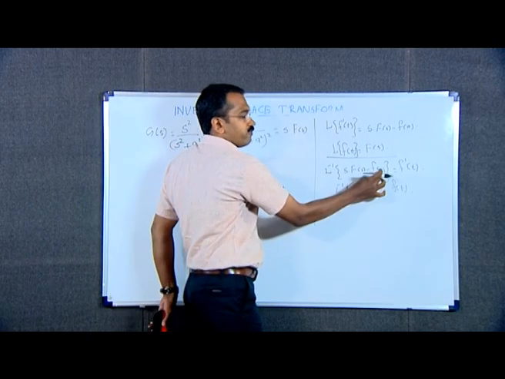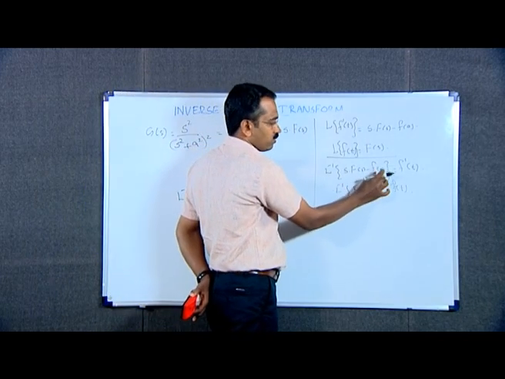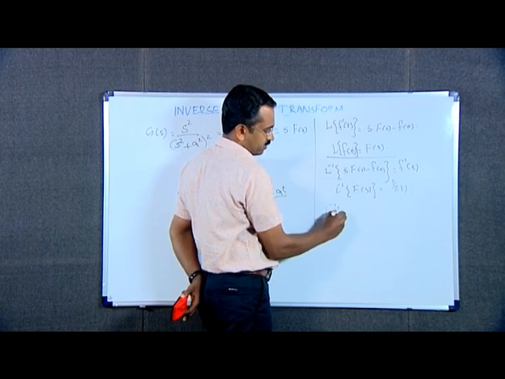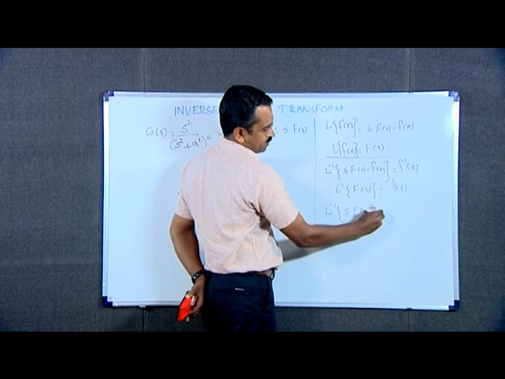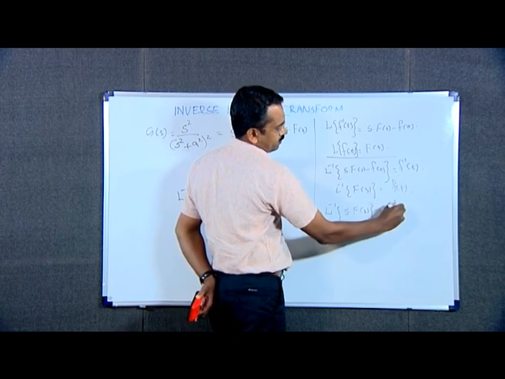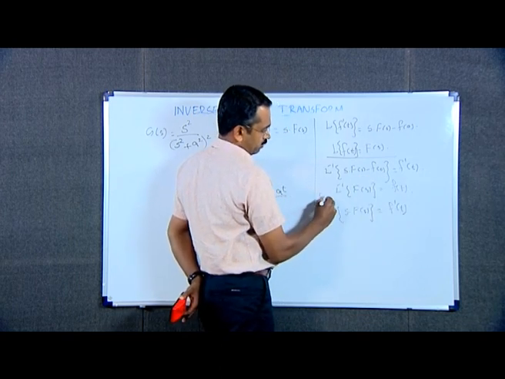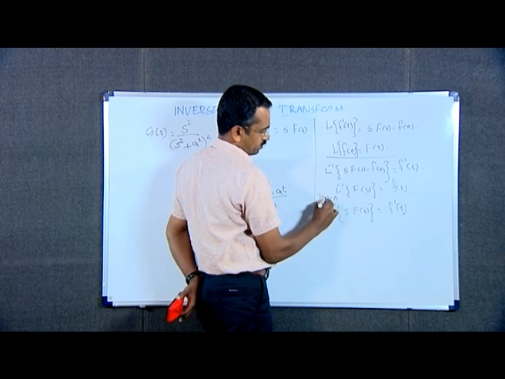Now, if f of 0 is equal to 0, we can write this as L inverse of s into F of s is equal to f dash of t, for f of 0 equal to 0.